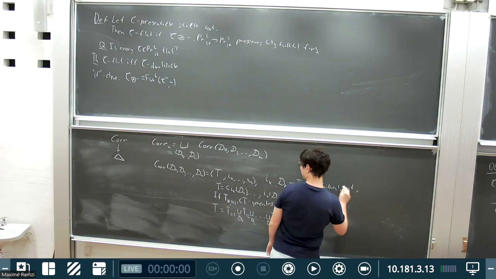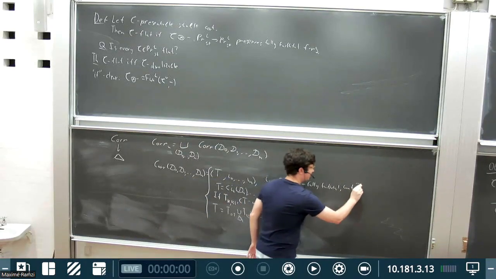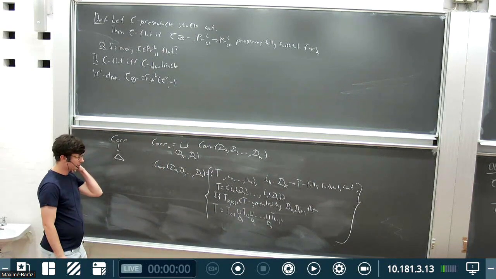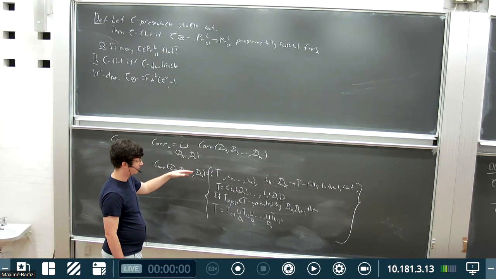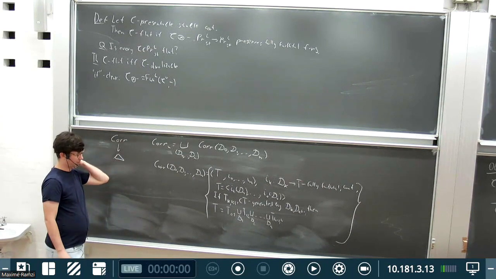I should put brackets somewhere. So this category here gives you a well-defined complete Segal space object. You can figure out what the maps between the fibers are and check that this is a Cartesian fibration.